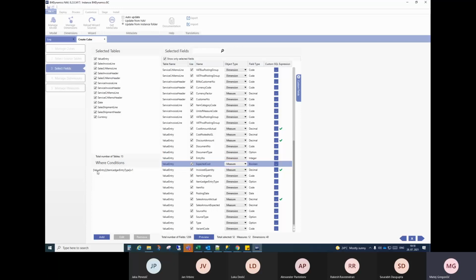It has purchase, sales, and inventory. So we need to put a where clause here, where item ledger entry type from value entry will be 1, which means sales. This is an option field, and 1 means sales. So from the start, we only get the data from value entry which is sales.